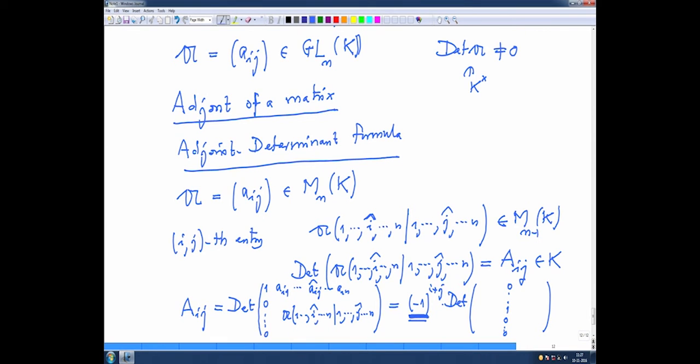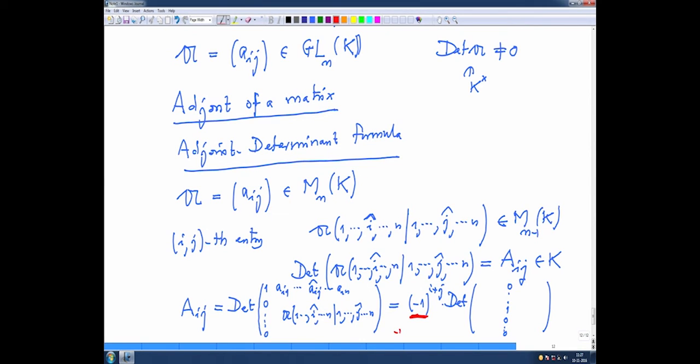And how did we get this? We got this sign by interchanging the ith row successively, i minus 1 interchanges of this row, and each time you will get a minus 1 sign.